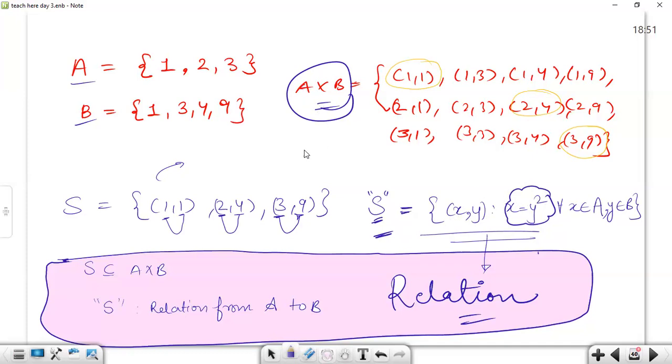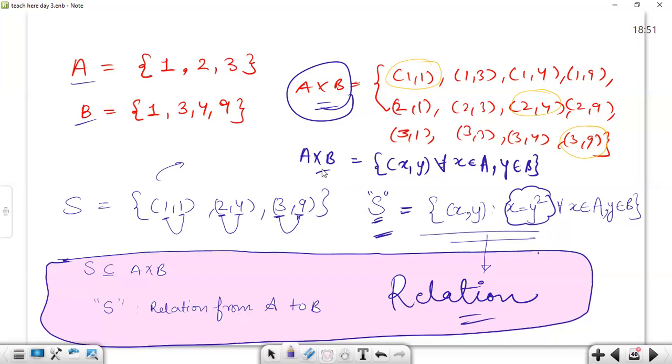Otherwise, if we had to write A cross B, we would write it as (x, y) such that x belongs to A and y belongs to B, for all x belonging to set A and y belonging to set B. So what's the difference between these two?